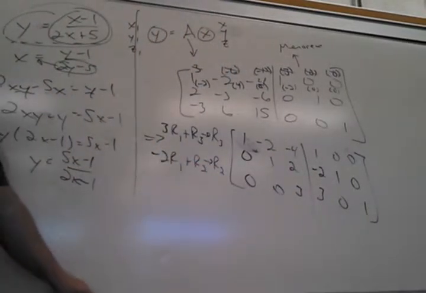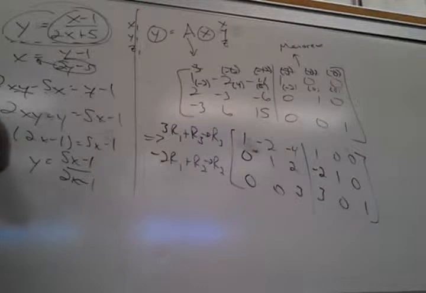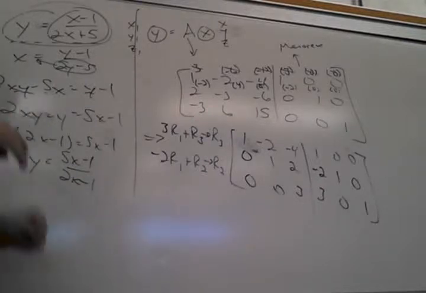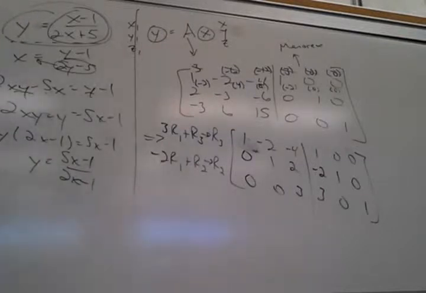I don't know if you remember last time I was trying to show you how you can break steps down into what I called the atoms or the DNA of operations. One of the last things we talked about was this guy, which is really just the first row plus the second row, put into the first row.